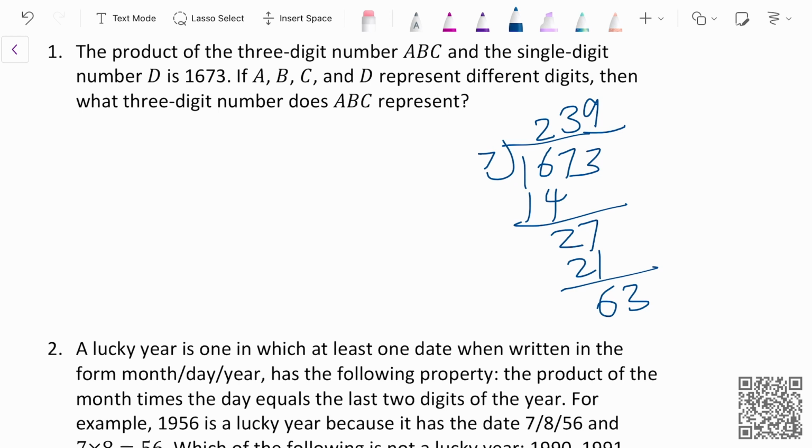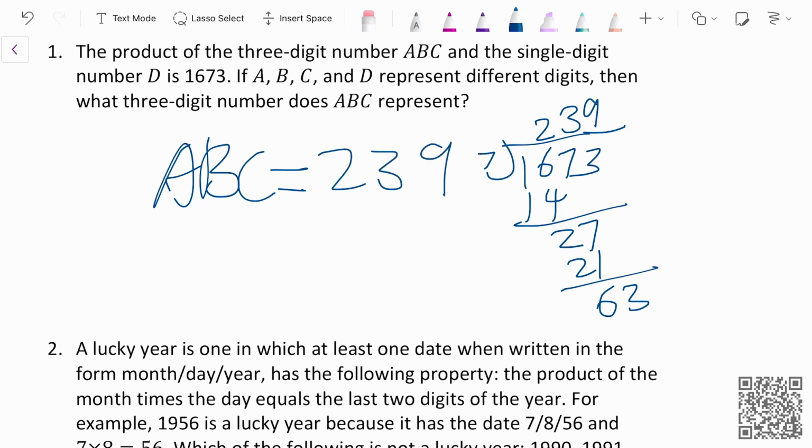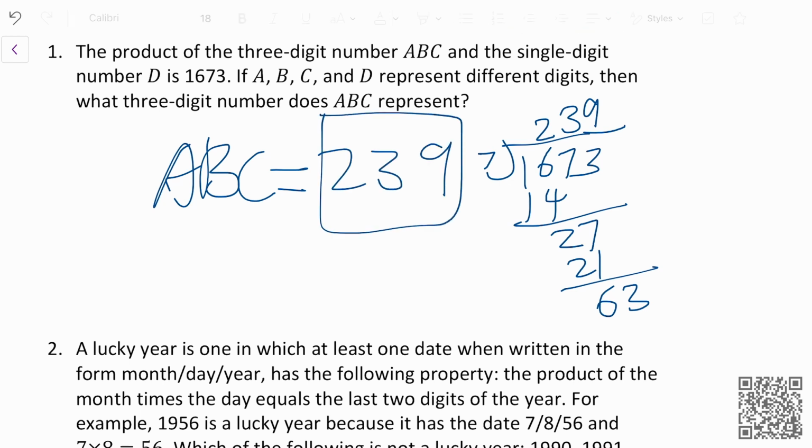So the 3-digit number is 239 because, as you can see, if D is 7 in this situation, and all the digits are different, then ABC would be 239 because 239 times 7 is 1,673. So the answer equals 239. I'm just going to box that in.